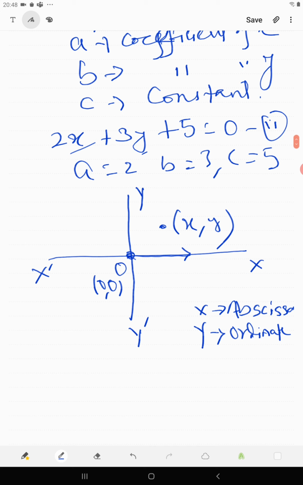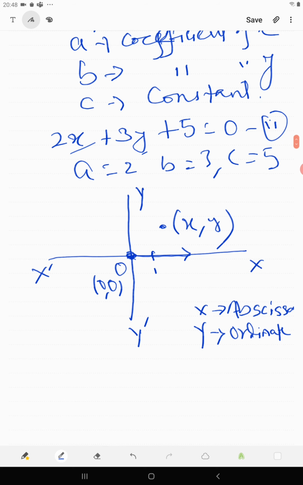So abscissa and ordinate can be positive as well as negative. From the origin, if you are moving towards your right hand side, that represents positive x.